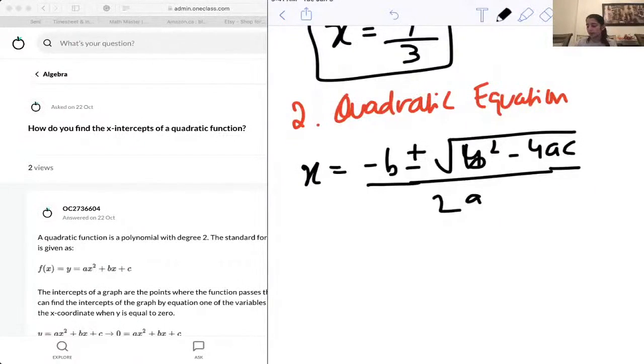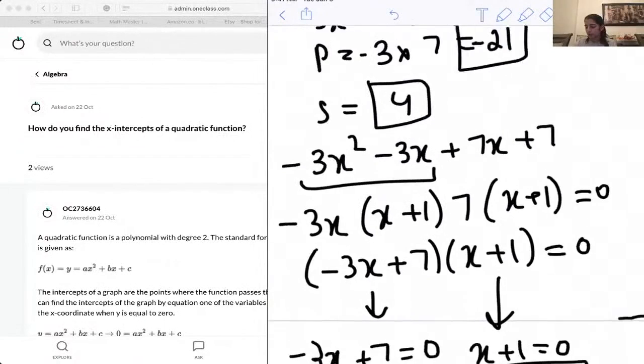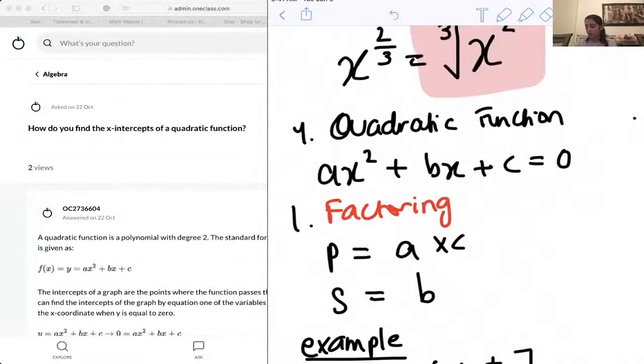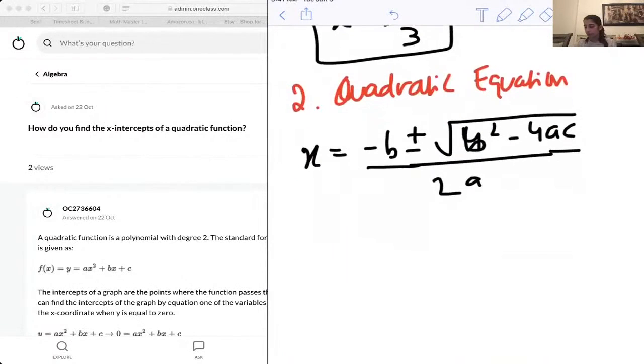If you look back at our original equation, our standard form, we're going to use this value for a, this value for b, and this value for c in our formula and figure out our two x's.